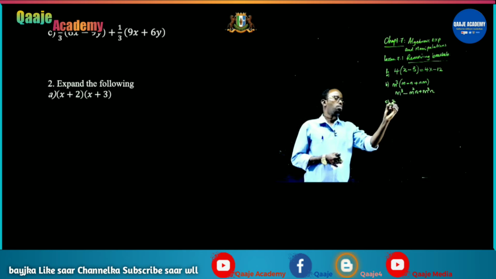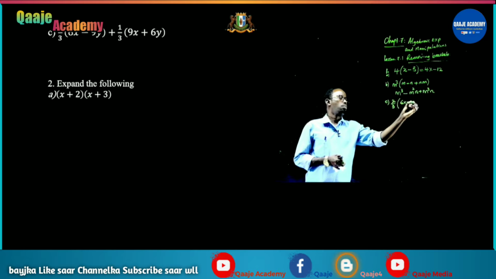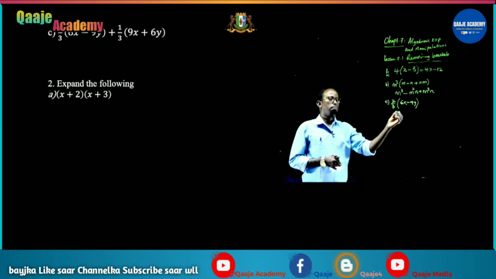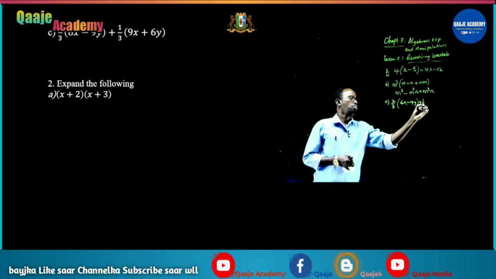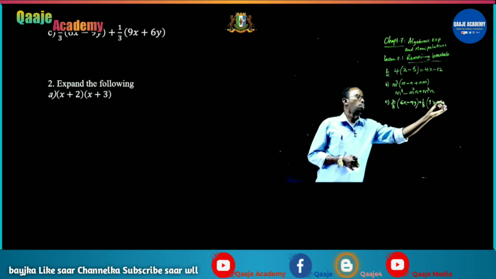C: 2 over 3 bracket 6x minus 9y plus 1 over 3 bracket 9x plus 6y.